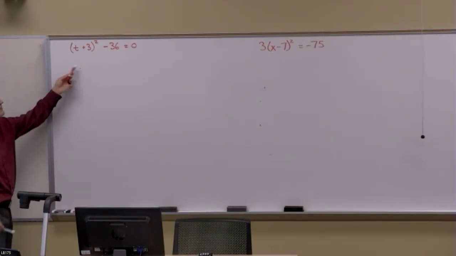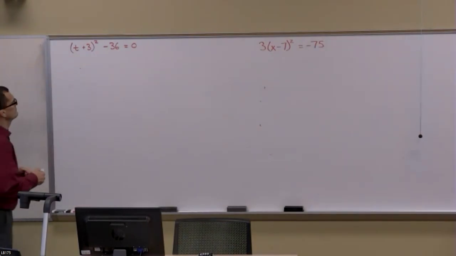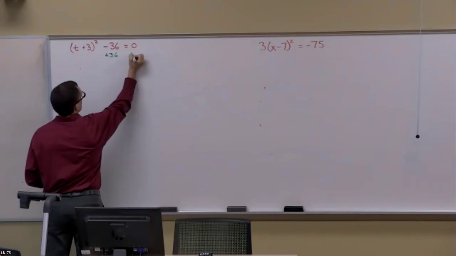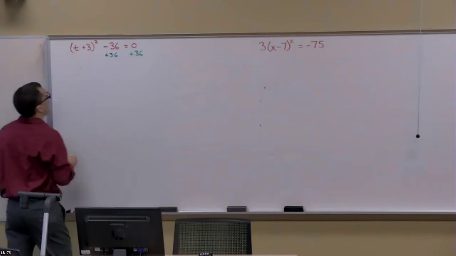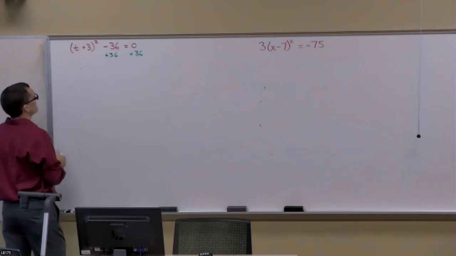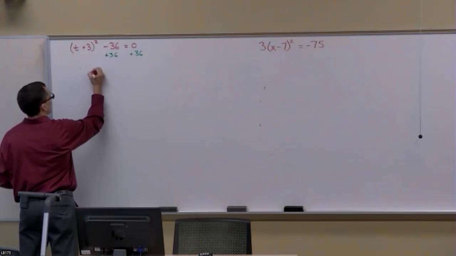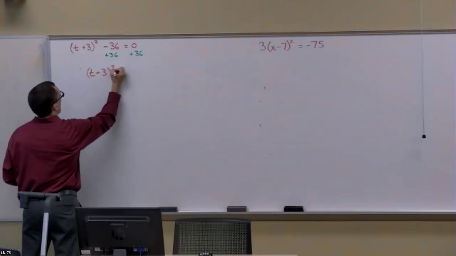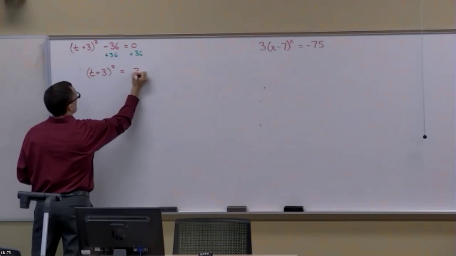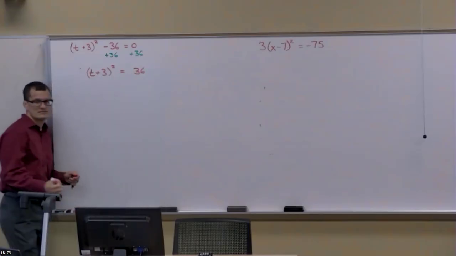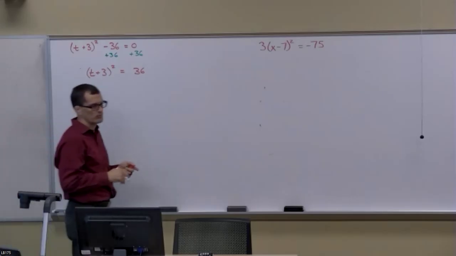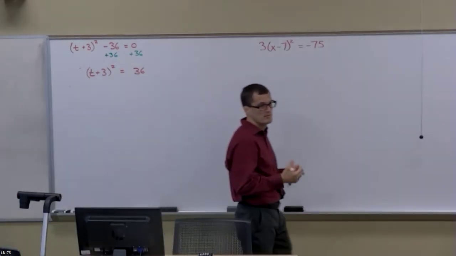All right, for this first equation, what we would do is we would add 36 to both sides, and that would give me t plus 3 squared is equal to 36. Now, there's a couple of different ways people write this next step.